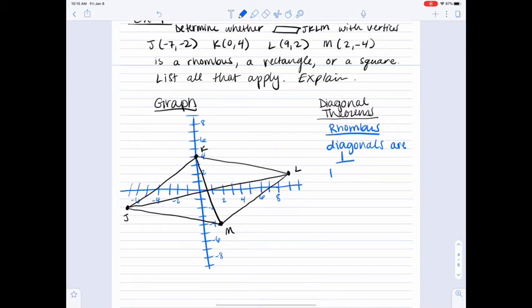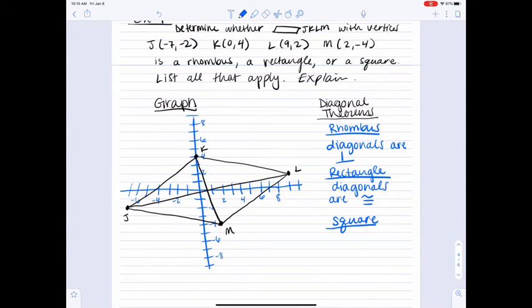For a rectangle, all that we know about the diagonals is that the diagonals are congruent. And then for a square, it's both.